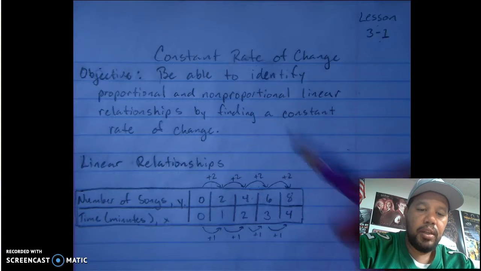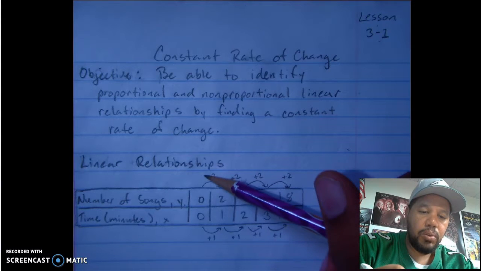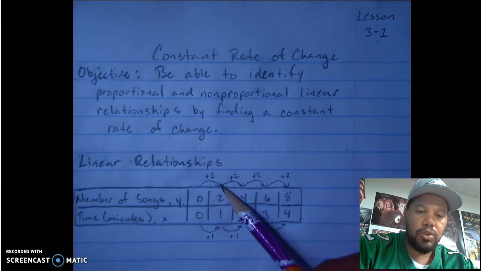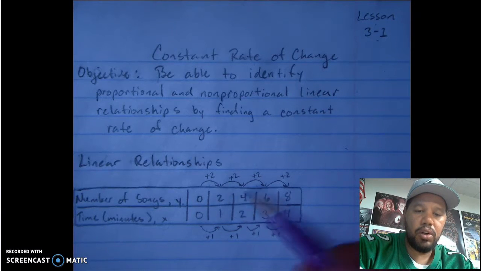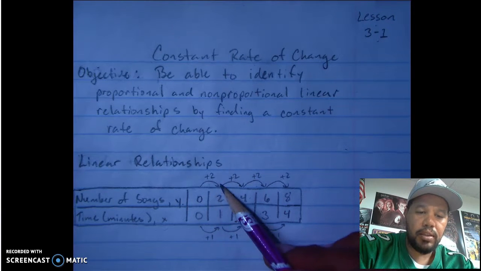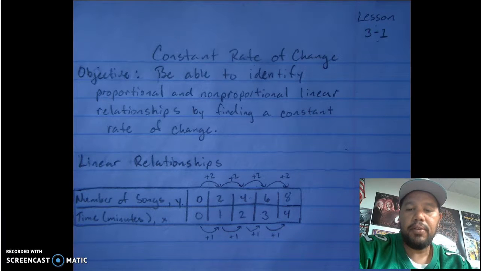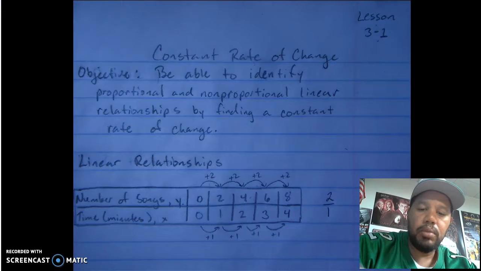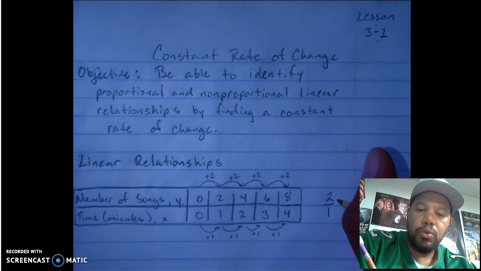Between every time we go up 1 minute, we go up 2 songs. We can represent that as a fraction of 2 over 1, which means 2 songs per minute.